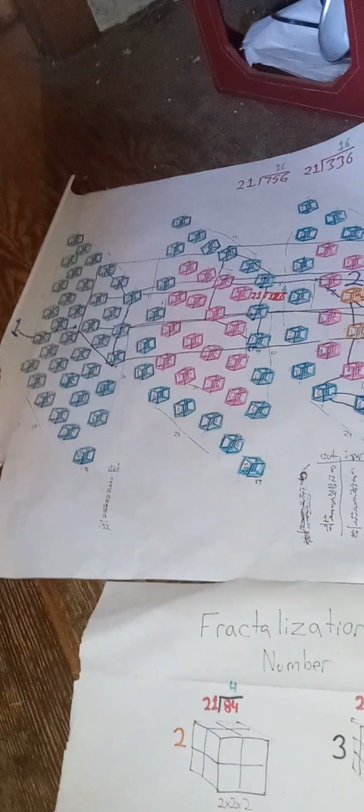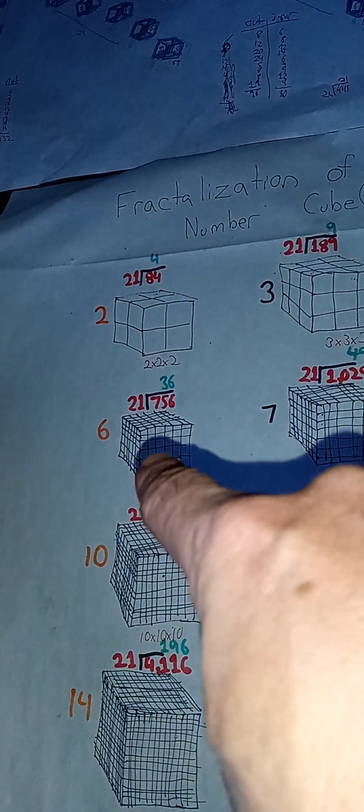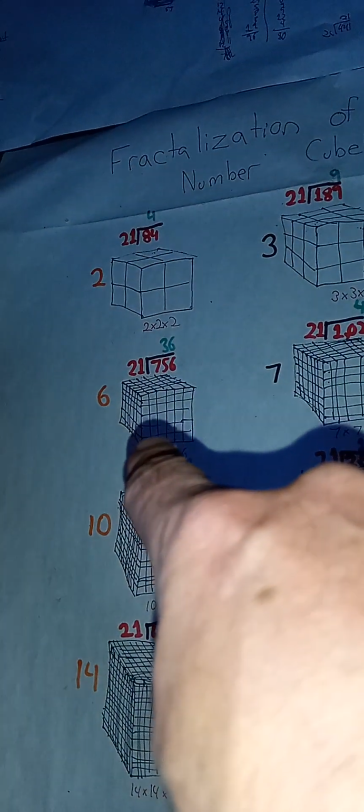Just like this 6x6x6, 36 cube, I started here. That's what this represents. This cube, a 6x6x6.